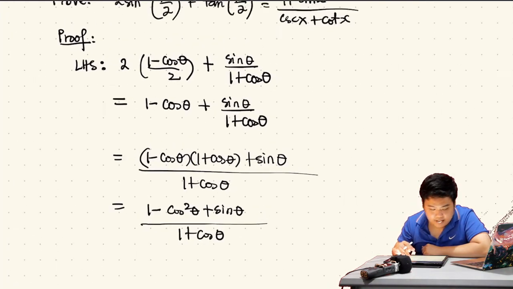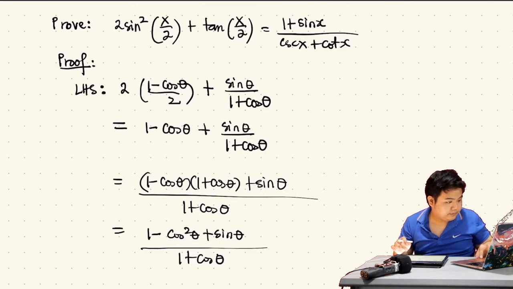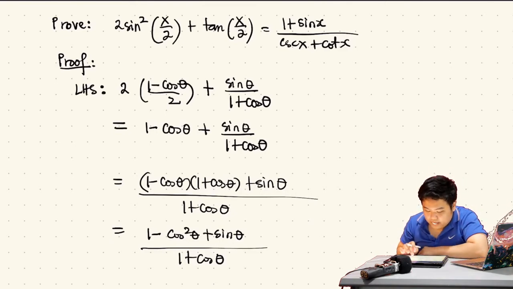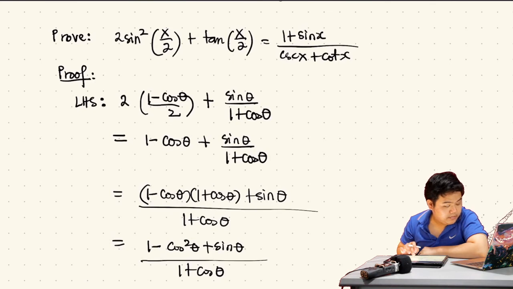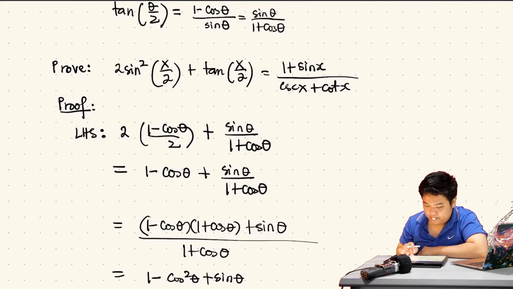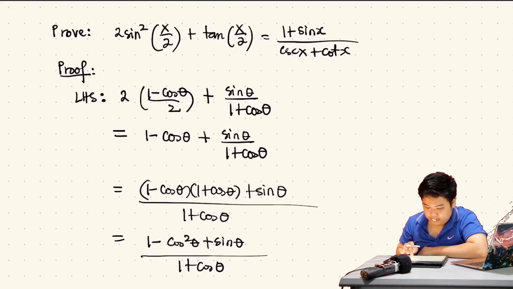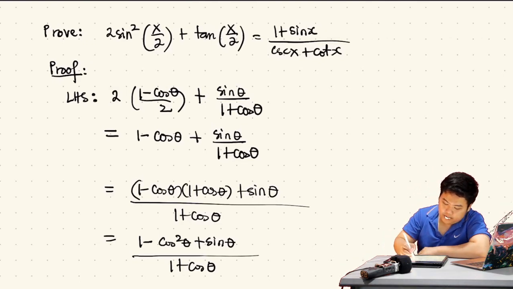Ano may pinaprove natin? Okay, 1 plus sine x daw, no? Okay. So, paano natin mapapalabas iyan? Tama ba pagka-combine? 2 sine square x. Okay, chine-check ko lang. Baka may mali tayo. So, paano natin mapapalabas yan? Kailangan natin ng cosecant dito.